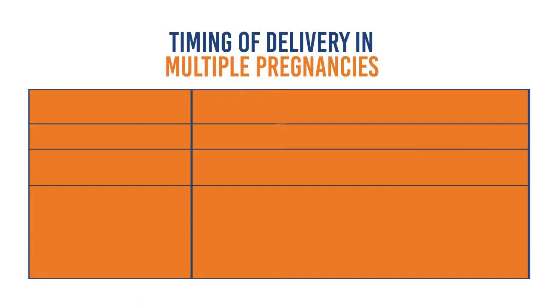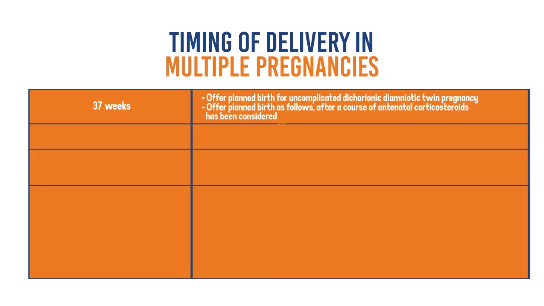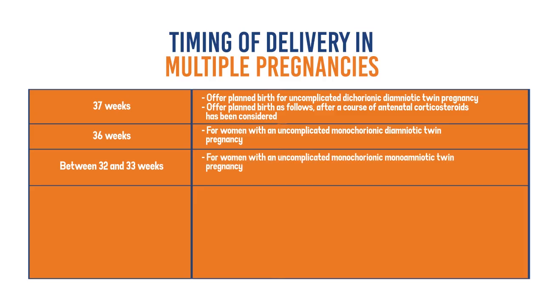Timing of delivery. At 37 weeks, offer planned birth for uncomplicated dichorionic diamniotic twin pregnancy. Offer planned birth as follows, after a course of antenatal corticosteroids has been considered. At 36 weeks, for women with an uncomplicated monochorionic diamniotic twin pregnancy. Between 32 and 33 weeks, for women with an uncomplicated monochorionic monoamniotic twin pregnancy.